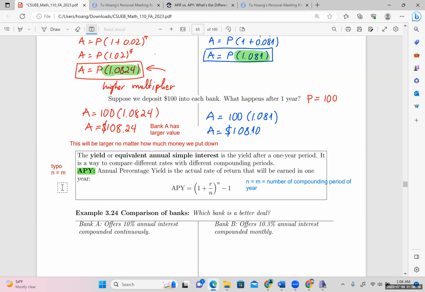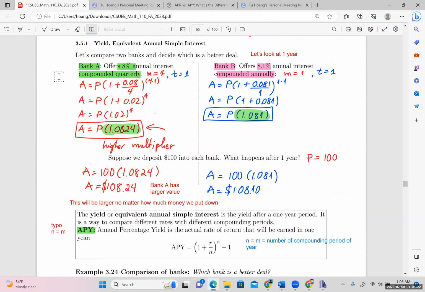So if I have an APR for bank A of 8%, but compounded quarterly, what is my APY?